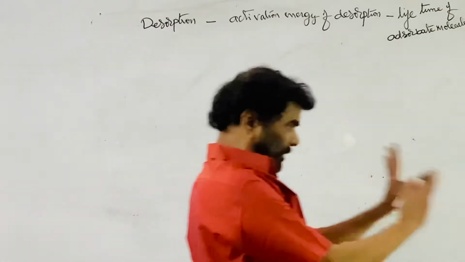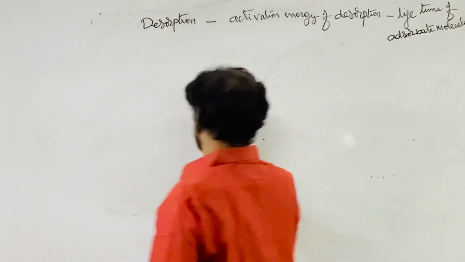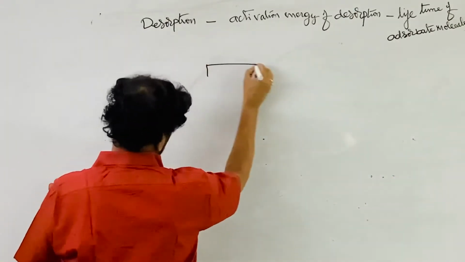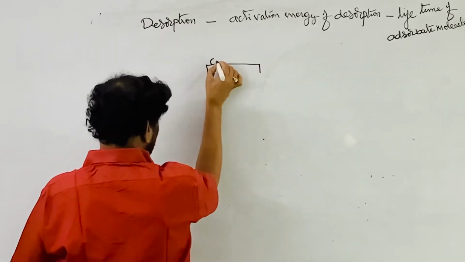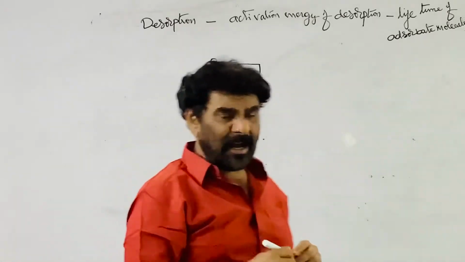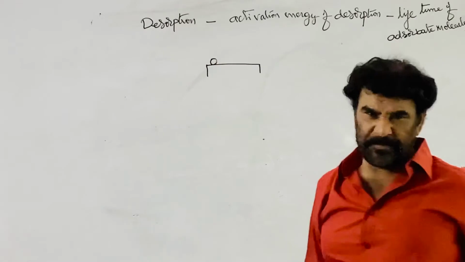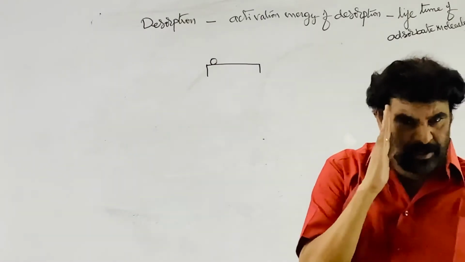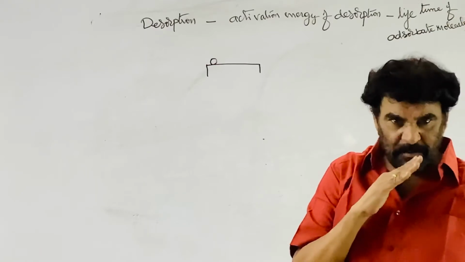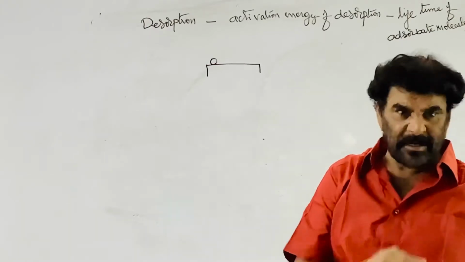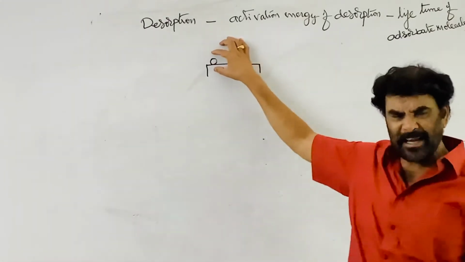See, let us see. Now we are applying the kinetics of the reaction. This is the catalyst, this is the adsorbent. An adsorbate molecule is attached to the surface of the adsorbent. You know that very weak attractions are established between the surface of the adsorbent and the adsorbate molecule. Very loosely connected. The attraction is very, very less.